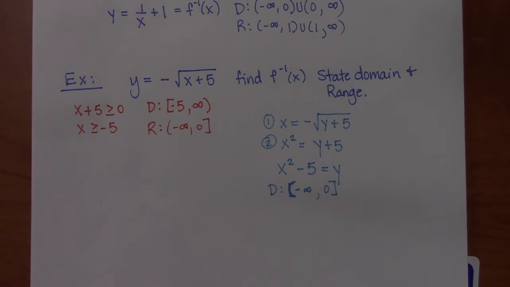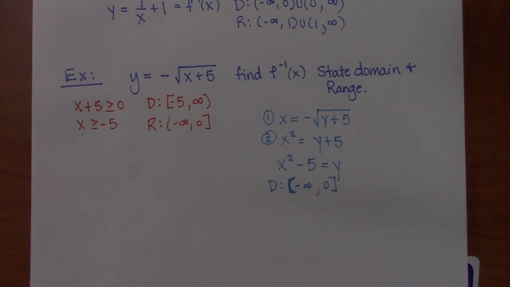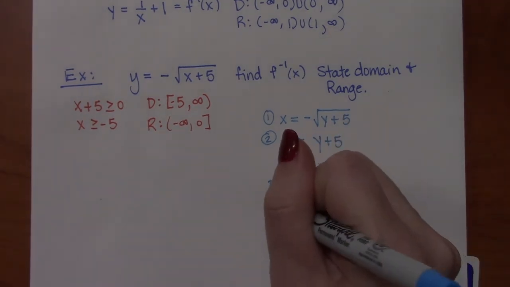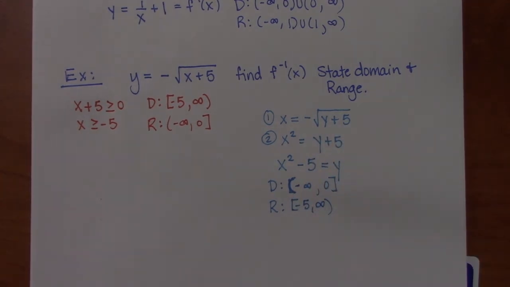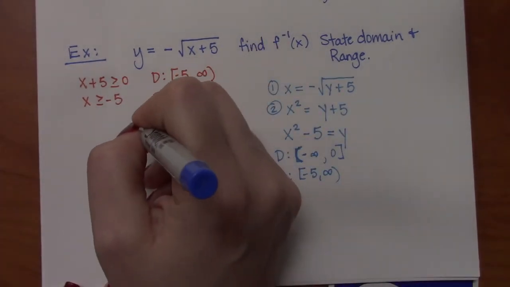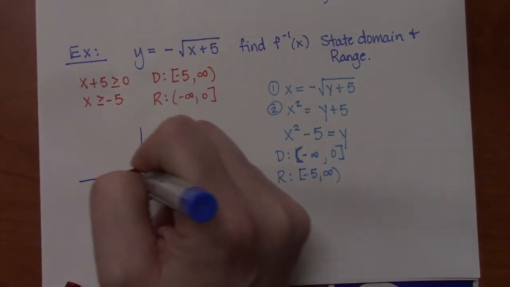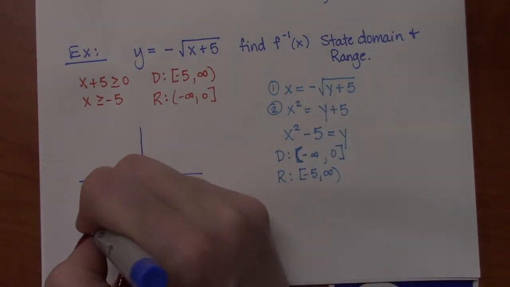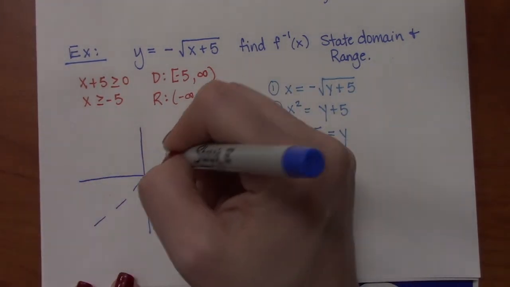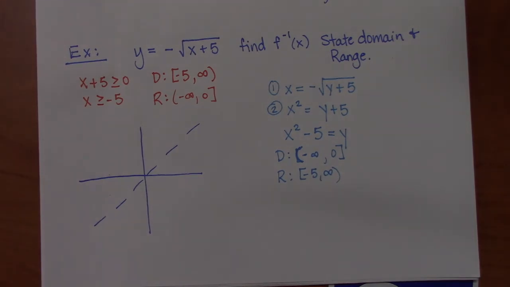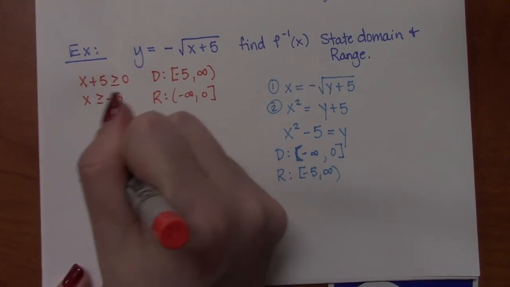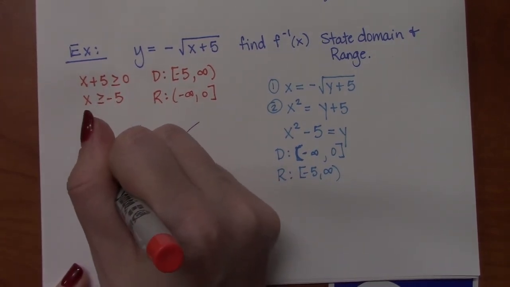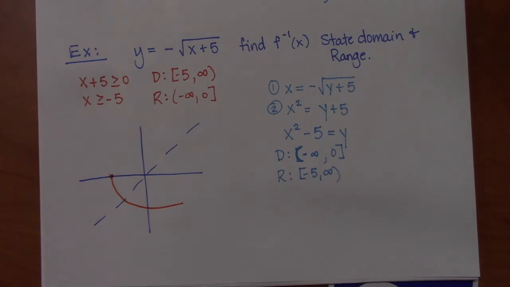So the domain says we'll take the left half, and then the range should be the domain of the original function. So let's see what happens when we graph these two guys. So the original function, right, we said we took the square root of x, we shifted it left 5 places, and we flipped it over the x-axis.